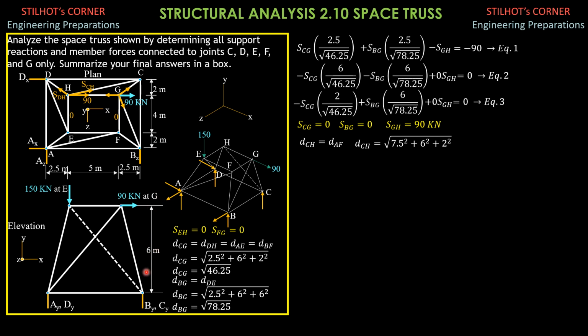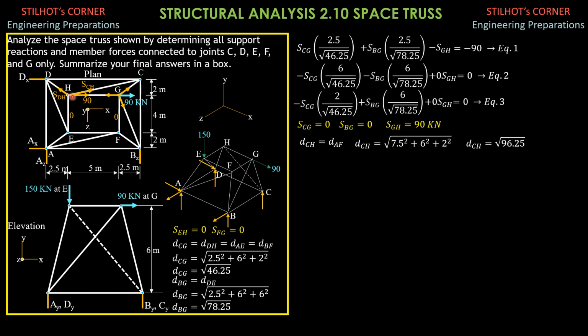Take note, the vertical distance is the height of the space truss, and along Z is 2. So it is equal to square root of 96.25. Take note, it is also equal to distance AF. Then distance DH is equal to distance CG, so it's already here.